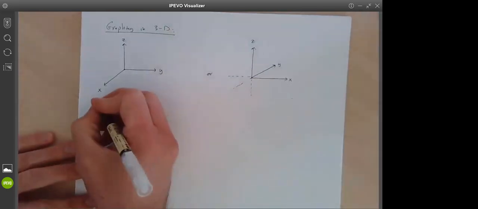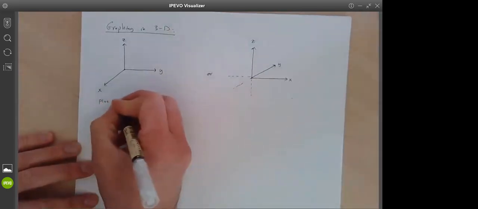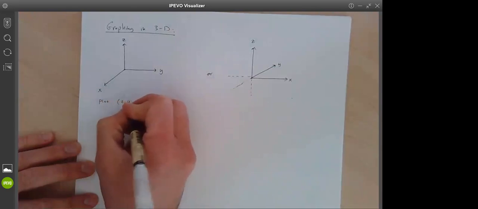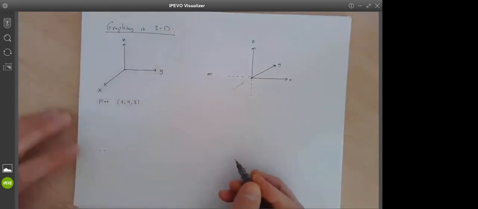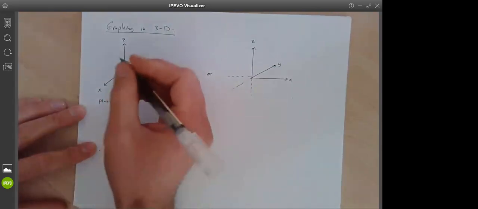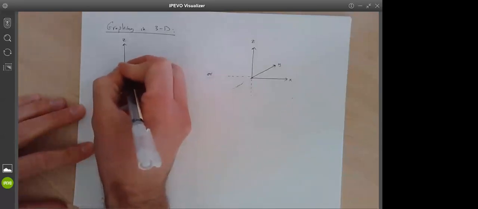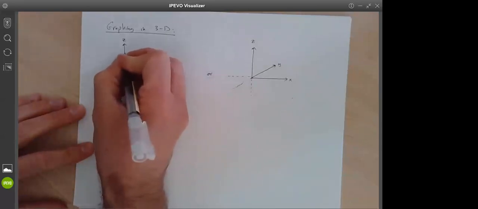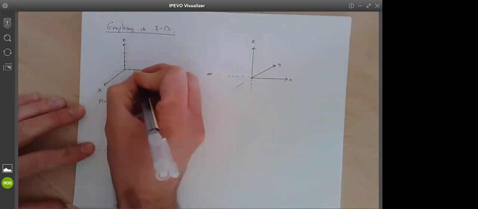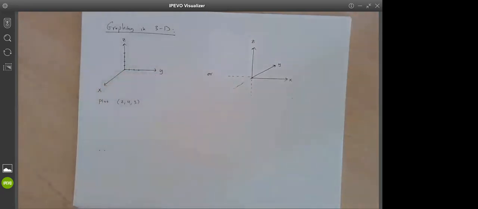And we could plot points. So if I wanted to plot the point, say, 2, 4, 3, I have to mark things off in an equal way. Another thing worth mentioning is that the distance along the x-axis is not going to look the same as the distance along the y and the z-axis. When I think about graphing things in 3D, the YZ plane is like the page you're on.